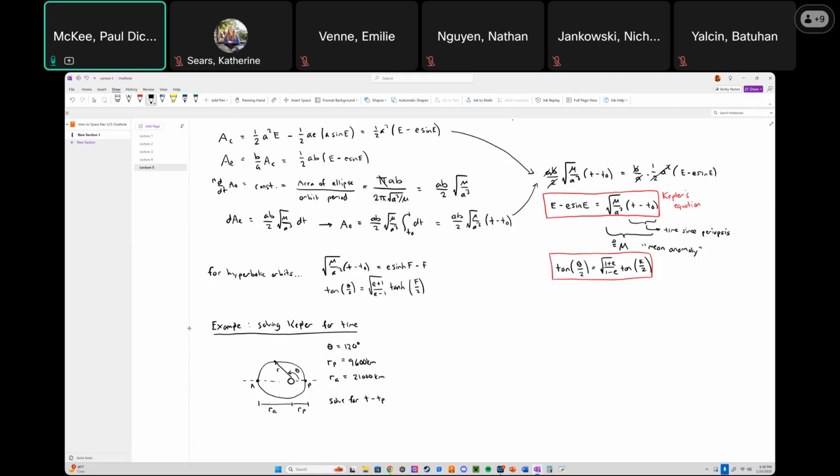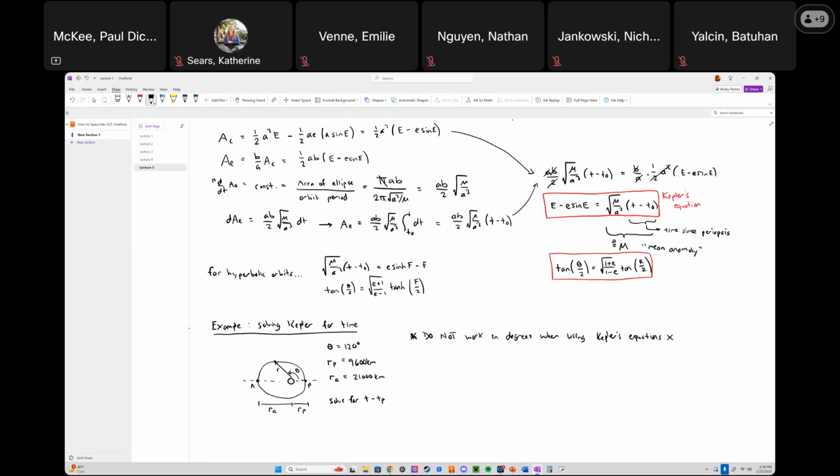All right. And what we will need, first of all, do not work in degrees when using Kepler's equations. Why is that? I don't have a problem with degrees.